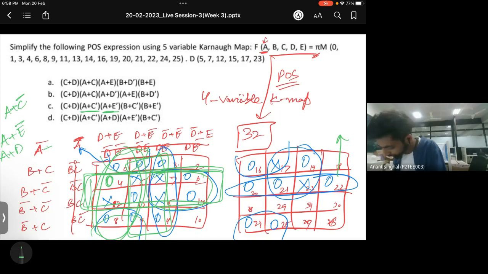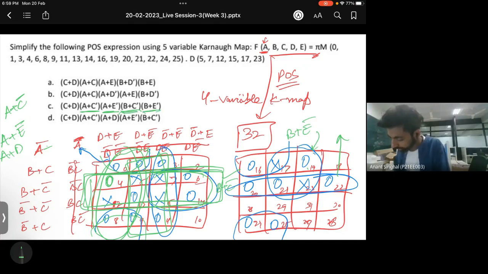It will give A, this will give B plus C bar and this will give E bar and this will give B. So this will give B plus E bar.